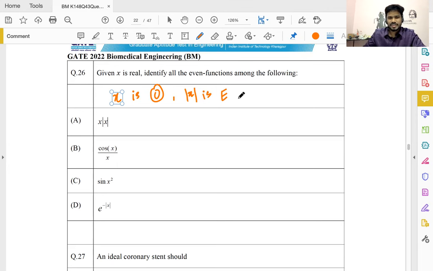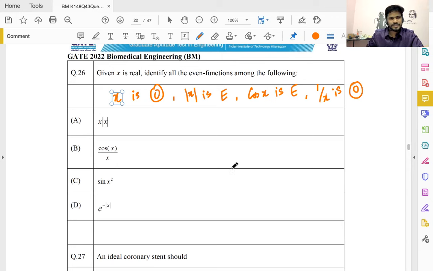Okay, and then cos x is symmetric. If x is odd, 1 over x, the inversion of that, is again odd. That's another property. So 1 over x is also odd.